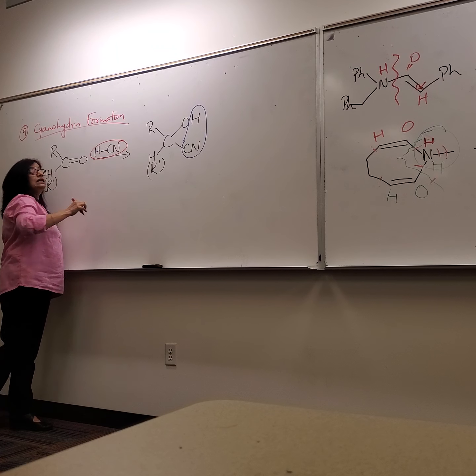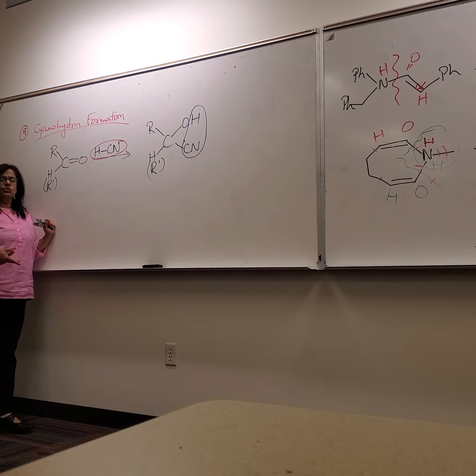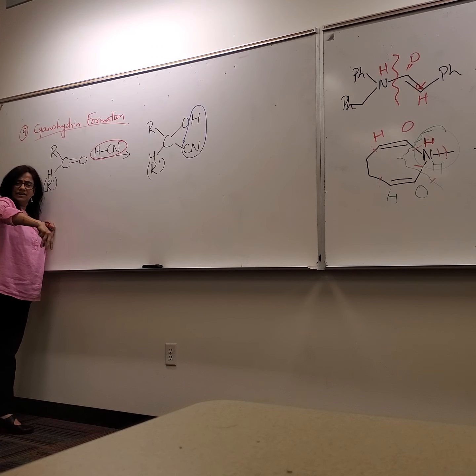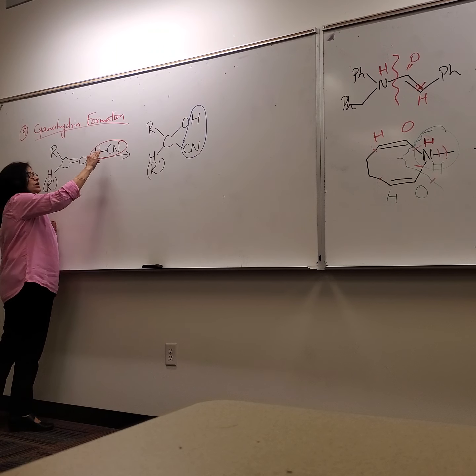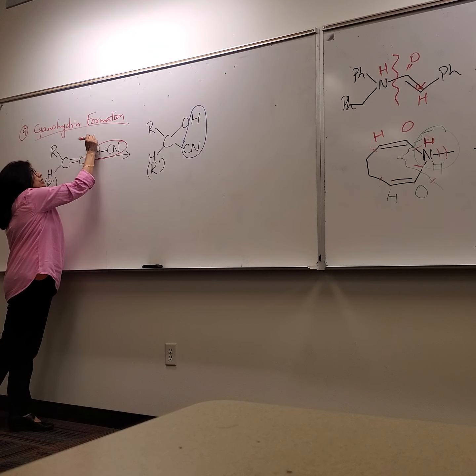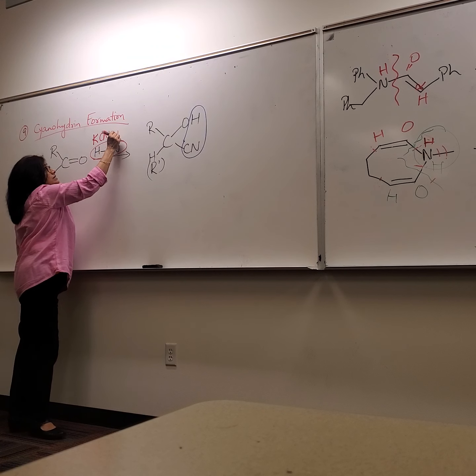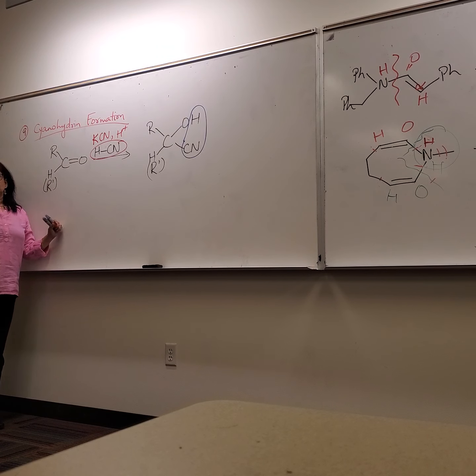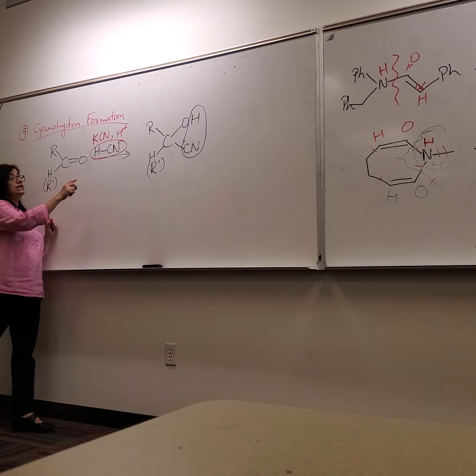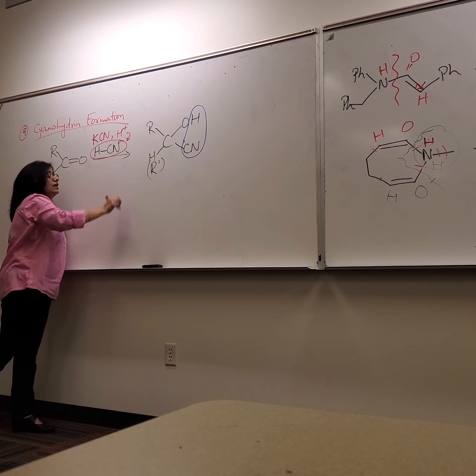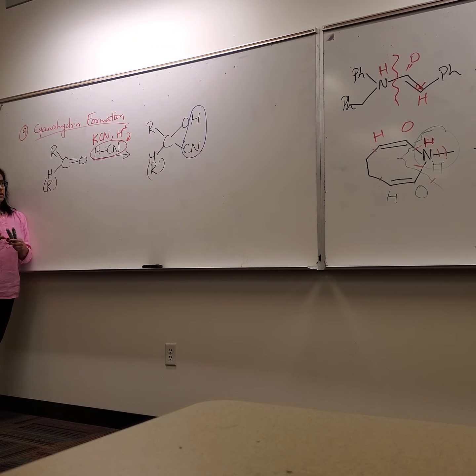HCN is generally created in situ, as the reaction is happening. We use a combination of potassium cyanide with an acid.